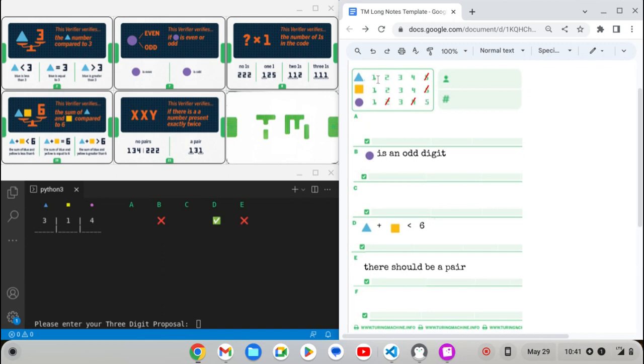Otherwise, the only other pairing could be triangle. Oh, no, I take that back. It could be either triangle and circle, or square and circle, except for 5. So triangle, circle, or square, circle. Either way, it's going to be 1, 1 or 3, 3.